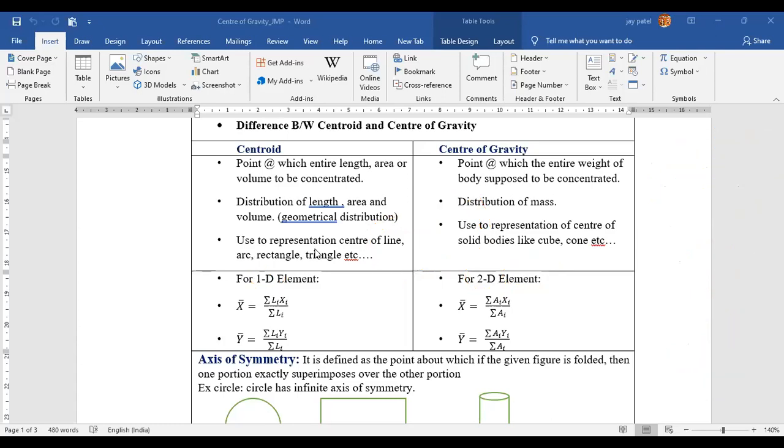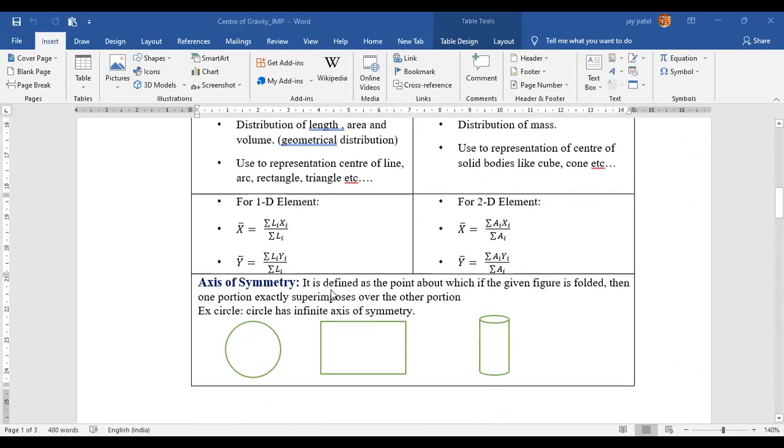Now, the next term is the axis of symmetry. What is axis of symmetry? It is defined as a line about which, if the given figure is folded, one portion is exactly superimposed over the other portion. A simple example: if I am considering a circle, its center is somewhere here.